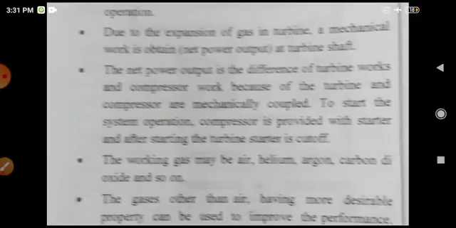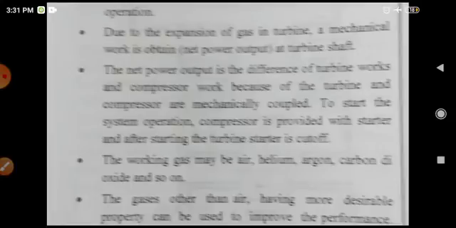Due to the expansion of the gases in the turbine, mechanical work is obtained at the turbine shaft. The net power output is the difference of turbine work and compressor work, because the turbine and the compressor are mechanically coupled. To start the system operation, the compressor is provided with a starter, and after starting the turbine, the starter is cut off.